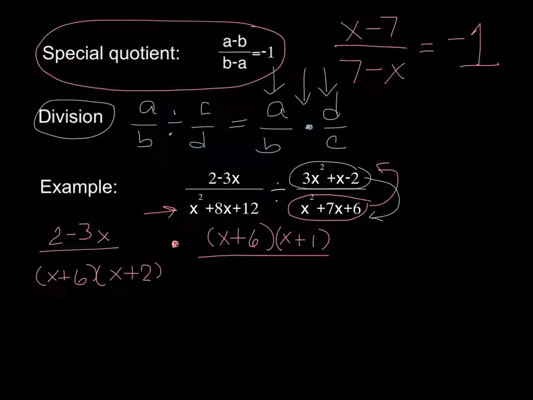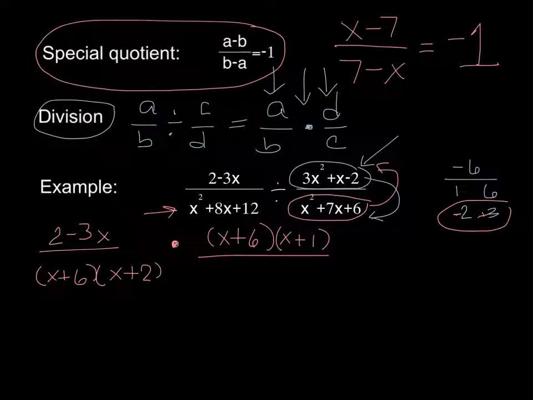This last one might take a little more to factor because our coefficient is not a 1. So I'm going to multiply the 3 times the negative 2, and I'm looking for factors that would multiply to negative 6. So we know 1 times 6 or 2 times 3. And we notice right here that if I have a plus 3 and a minus 2, those two will add to positive 1. So I am going to factor using these two numbers.